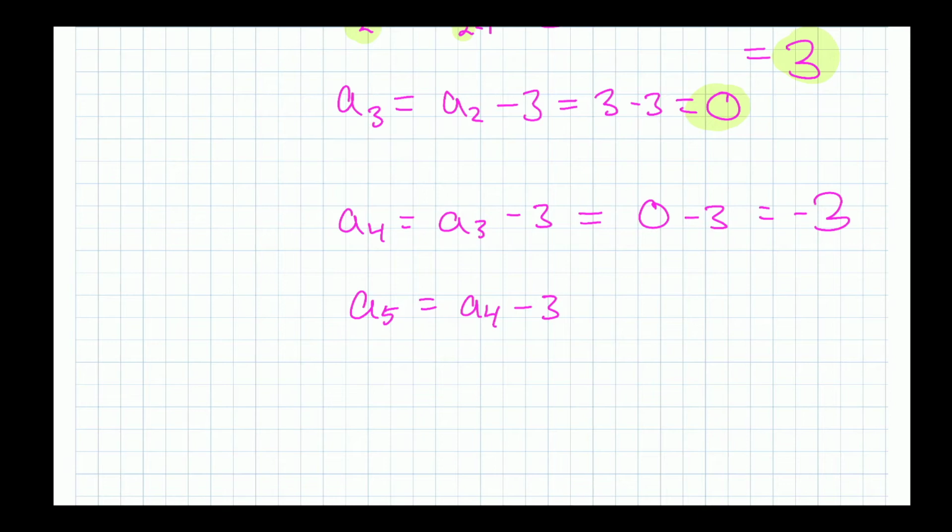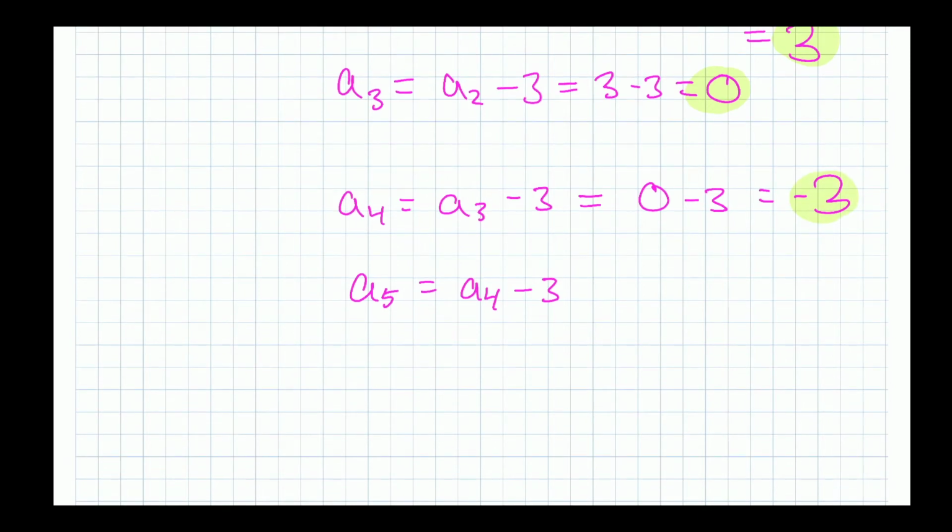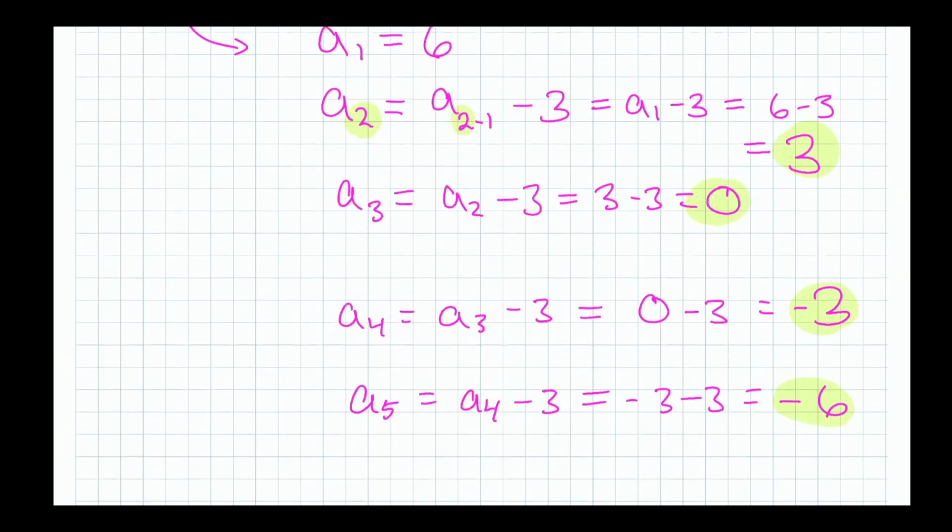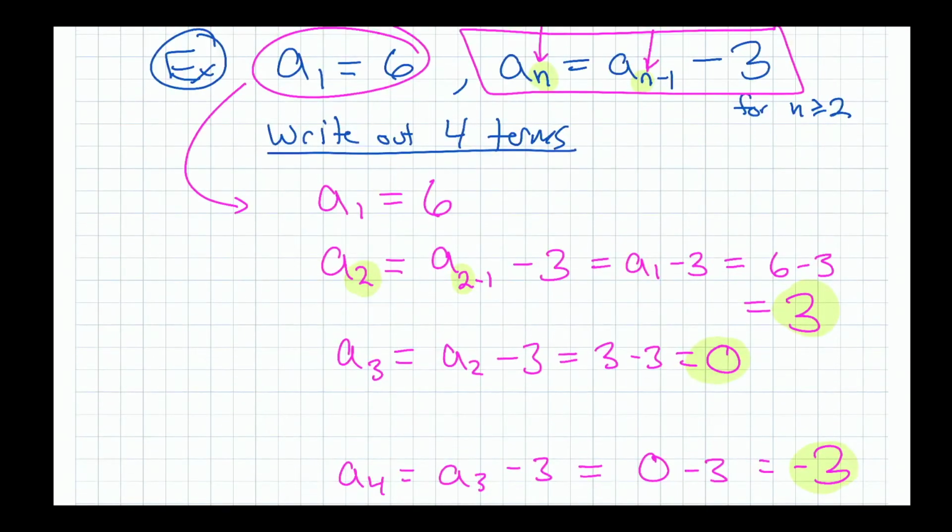So minus 3. And then A5 is A4 minus 3, but what's A4? A4 is minus 3. So minus 3 minus 3, which is negative 6. Okay? So that's a recursively defined sequence.